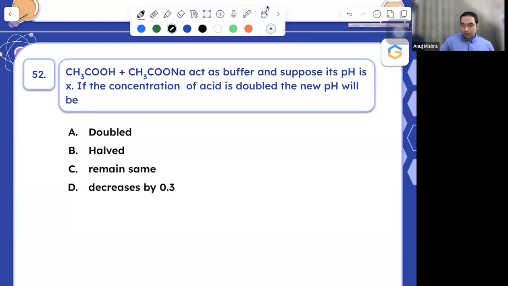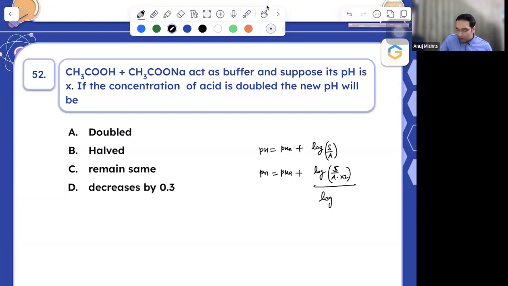The acid is doubled, so the pH is... What is the change? Can I say this term will become log of salt upon acid? So as it is, minus log of 2. That is the only difference that will come to the new pH. What is log 2? 0.3010. What's the answer? Can you do it?